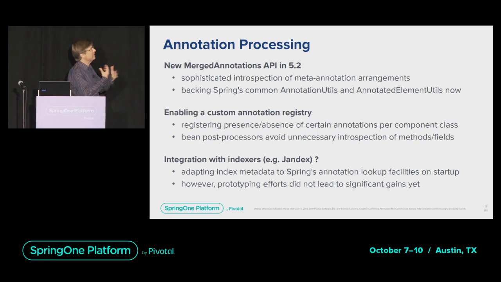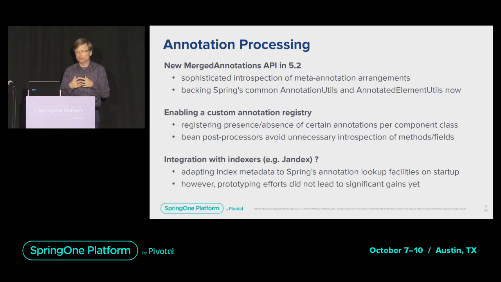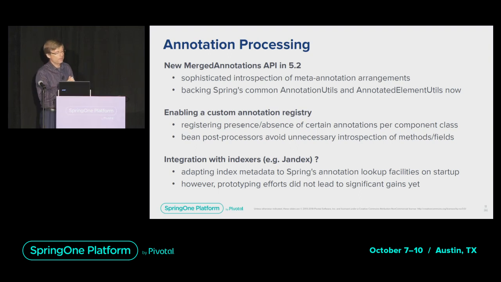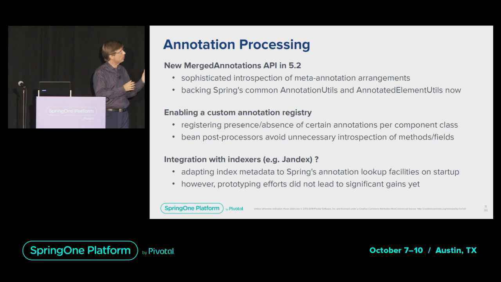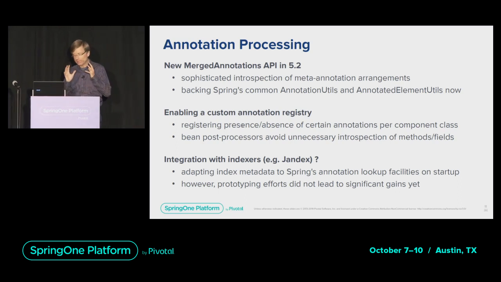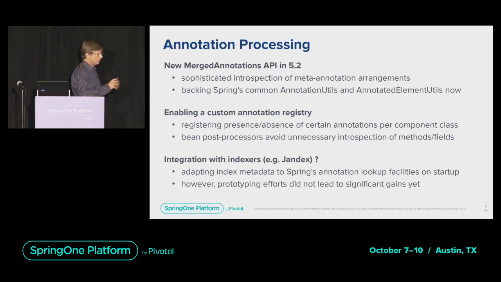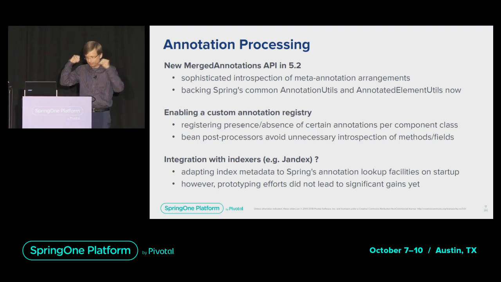All of this, of course, takes some effort to reason about, to find out about on startup. The facilities that Spring has had for the longest time, annotation utils and annotated element utils, are still there, but they are now backed by a complete re-implementation of the annotation introspection facilities with more centralized points to go through.